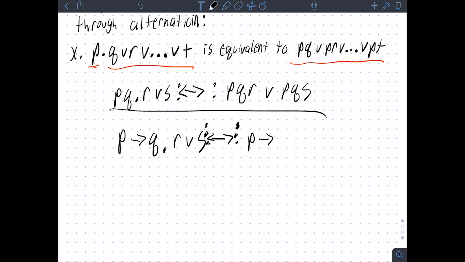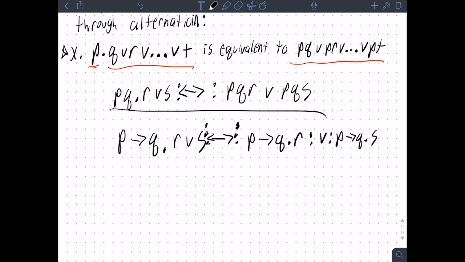So we get P or Q and R or P and S. Just look at that and try to see how it's an application of this rule. It gets a little confusing with the dots. It's not a hard rule to apply. The hard thing is keeping track of how the dots might change the grouping of the formula.